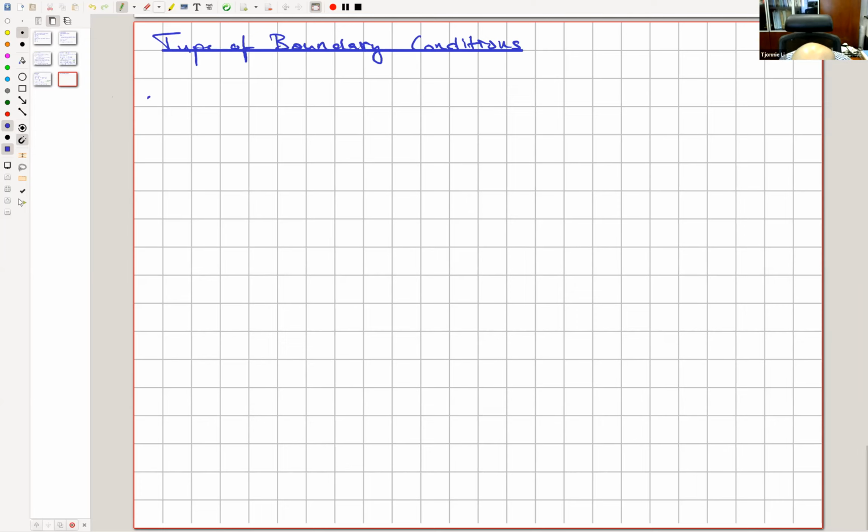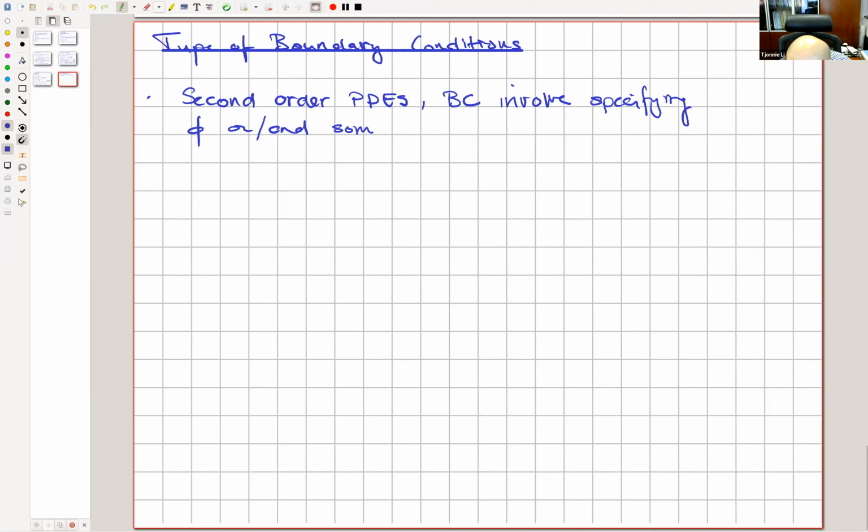And so for second order derivatives, boundary conditions involve specifying phi, which is our scalar field, and or some of its derivatives.